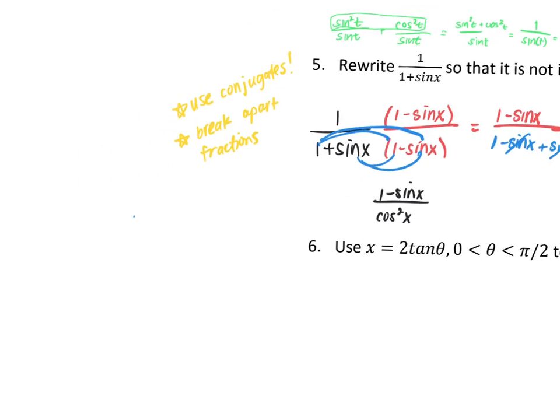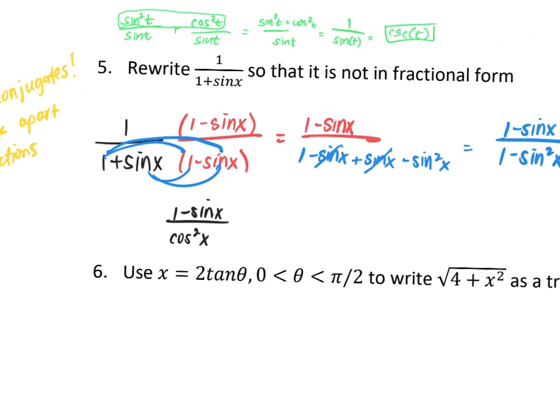Let's say you have 5 plus 3 over 9, okay? We could also write that as 5 over 9 plus 3 over 9, correct? So that is basically what we're going to do, okay? Instead of 1 minus sine x over cosine squared x, I'm going to rewrite that as 1 over cosine squared x minus sine x over cosine squared x. So I'm breaking apart the fraction.